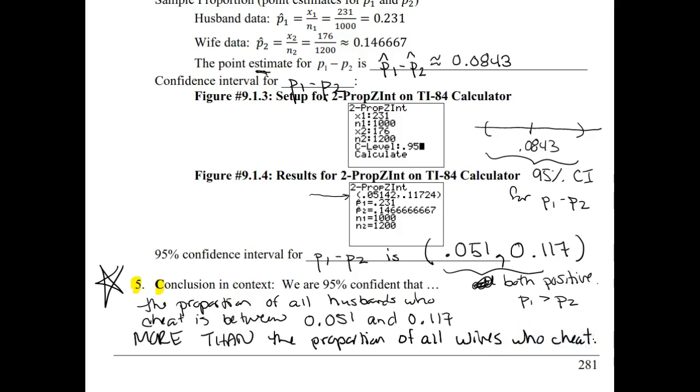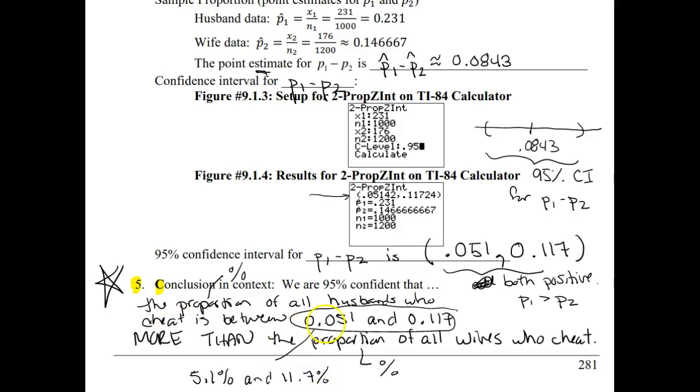Normally when we see these published in newspaper type things, usually instead of proportion they use percentage. So every place we have proportion here, we could replace that with the word percentage, which means our endpoints we would rewrite as 5.1% and 11.7%.